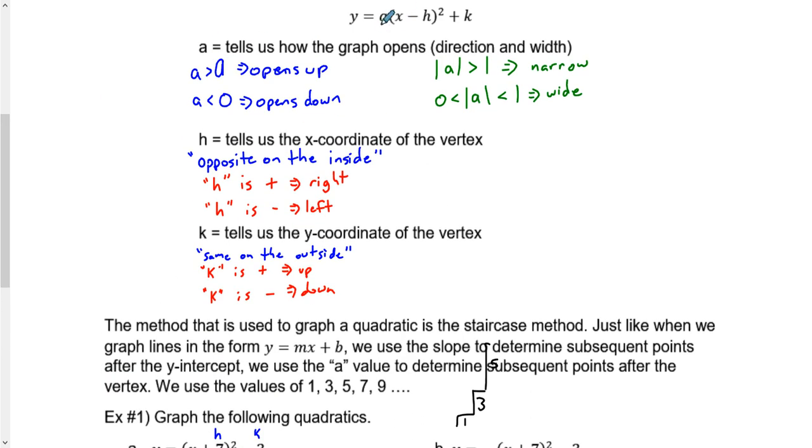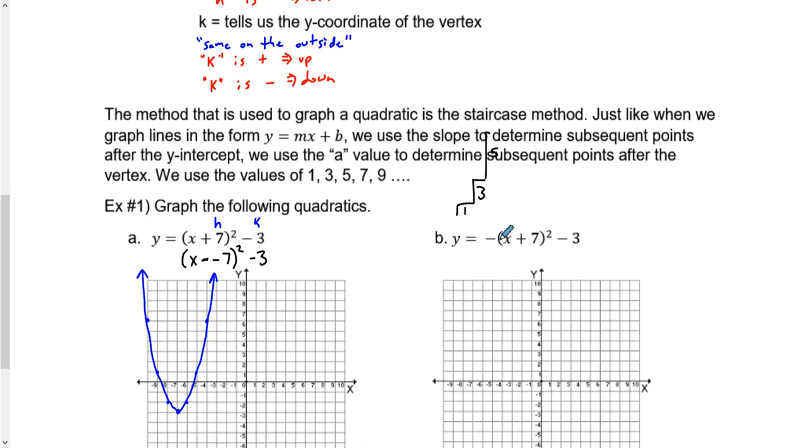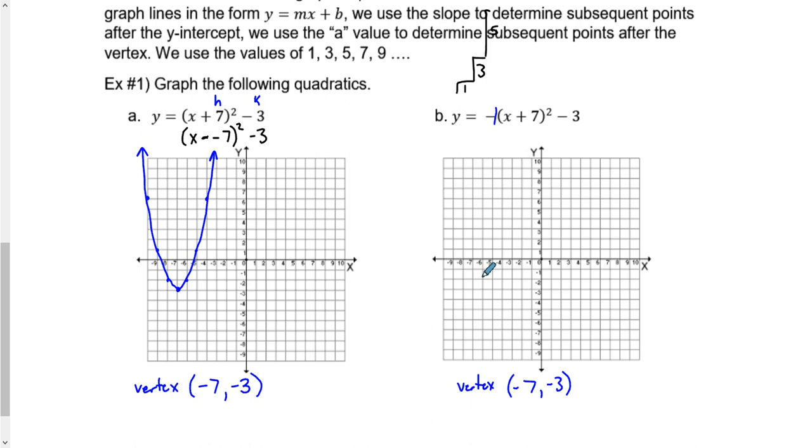But because our a value in the second one is less than 0, it's actually -1, it means we're going to be going down. So from our vertex of -7, -3, we're still going to do the same thing with our staircase, just going down. So we're going to go over 1, down 1, over 1, down 3, over 1, down 5, but that one's a little bit off the grid.